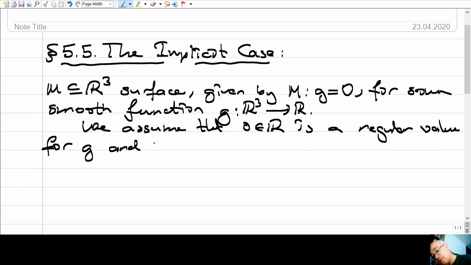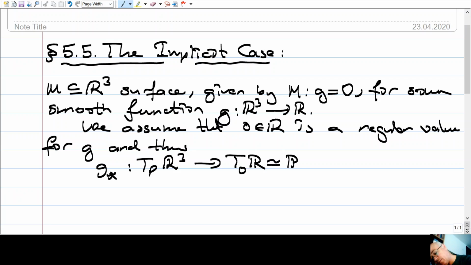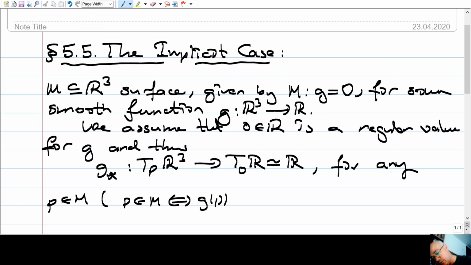And thus the derivative map g star or dg from the tangent space to R3 at the point P to the tangent space of the real line at 0, which is 0, for any P in M. Note that since M is defined by g equals 0, we know that P is in M if and only if g(P) is equal to 0.